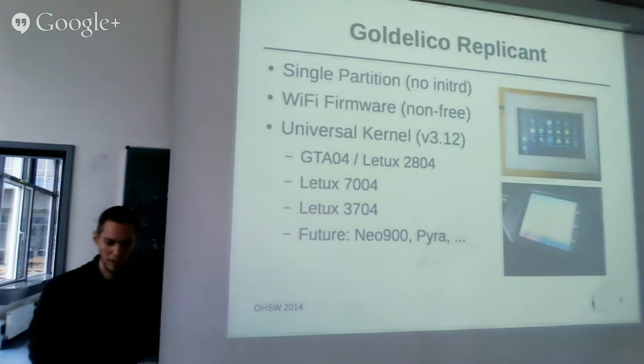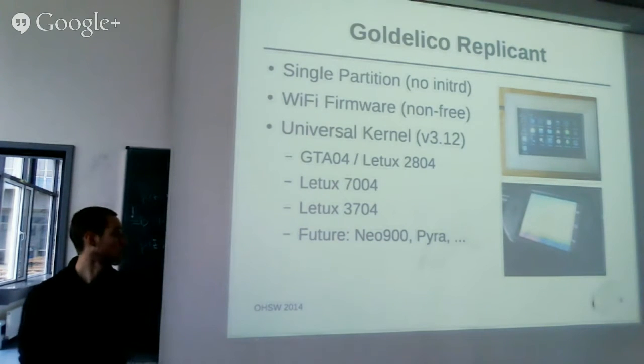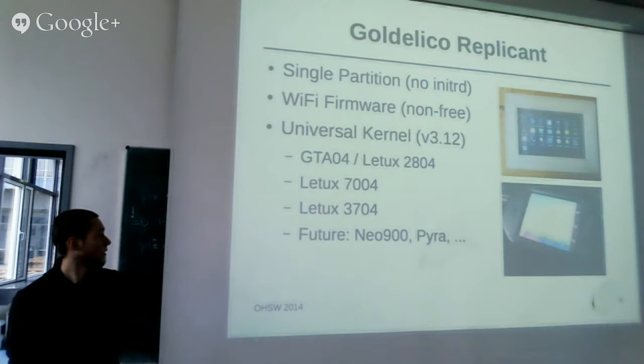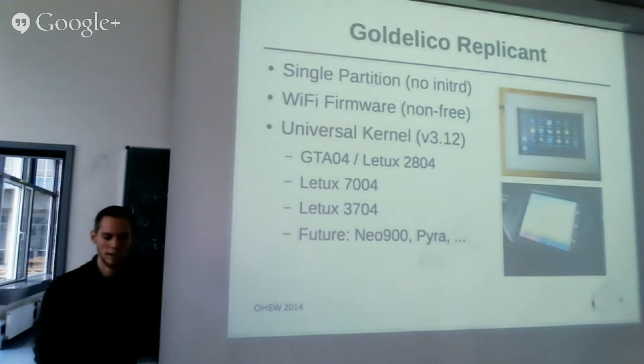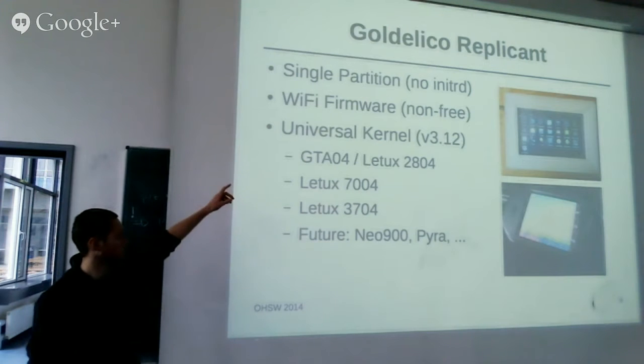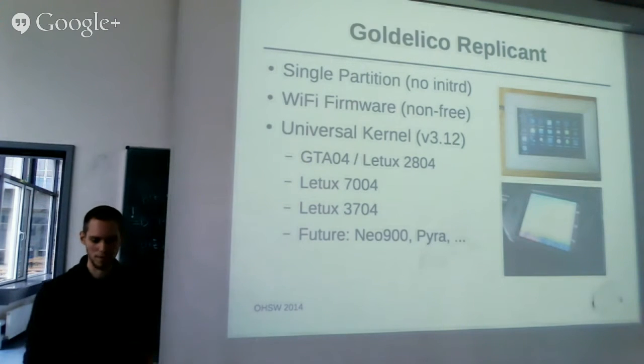Another important point is that we have the universal kernel, which is based on the version 3.12 kernel from the GTA04 project, which was presented before. And the nice thing about this kernel is that it supports a lot of different devices from this community.